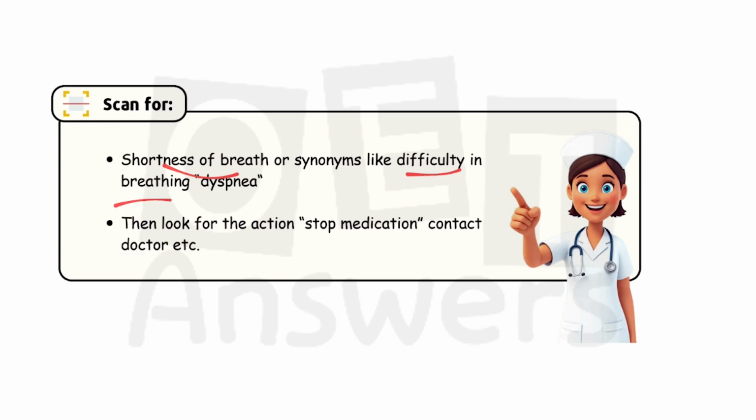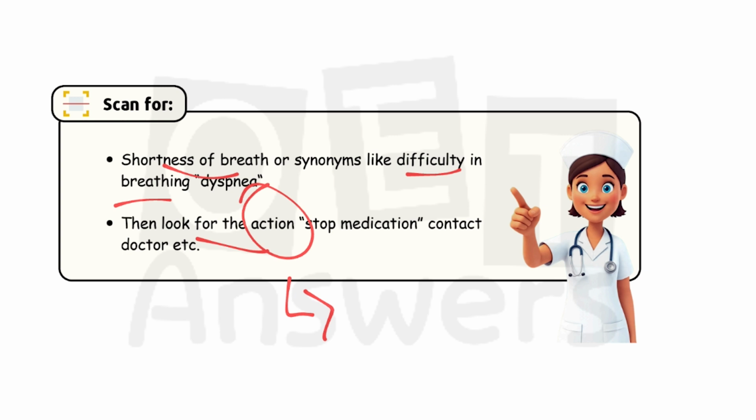So the first main keyword is found in this text. Then what do you have to look for? The second keyword was what to do, which they have asked indirectly, meaning intervention or planning. So here look for the action, called intervention. The interventions are stop medication and contact the doctor.